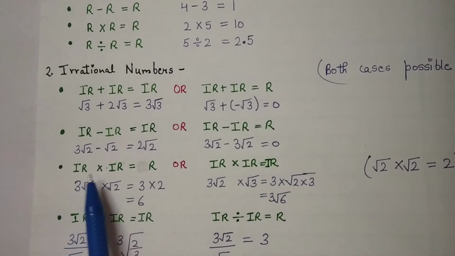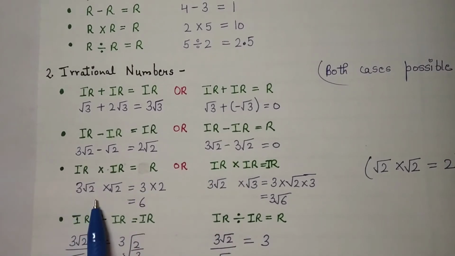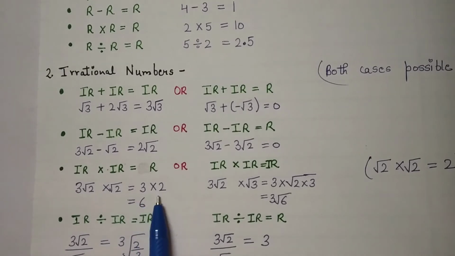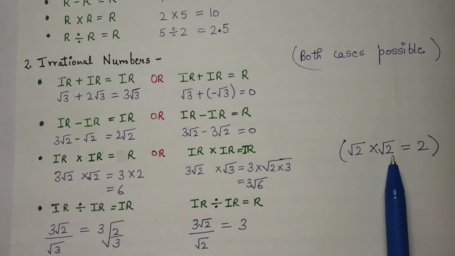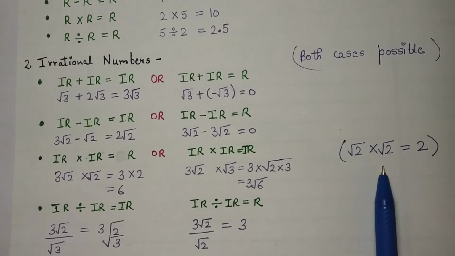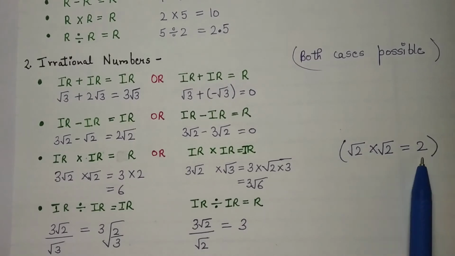So next, in multiplication also I have both cases. 3 root 2 multiply root 2 is equal to 3 cross 2. Why 2? I have written root 2 into root 2. This is a formula that when we multiply root a into root a, it gives a.